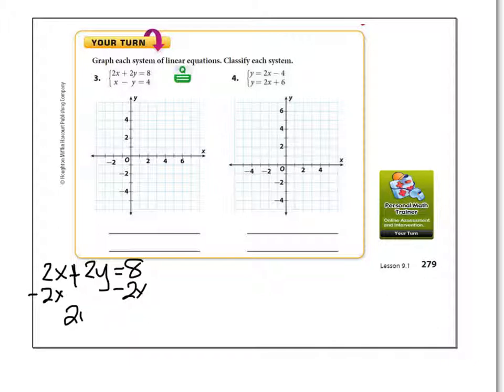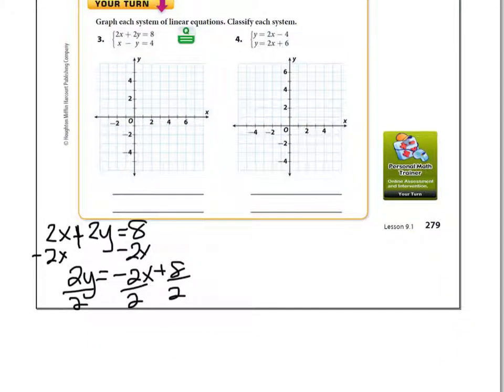So you would have had 2y equals negative 2x plus 8, since the 8's positive. Divide by 2. So y equals negative 1x, or just negative x plus 4.